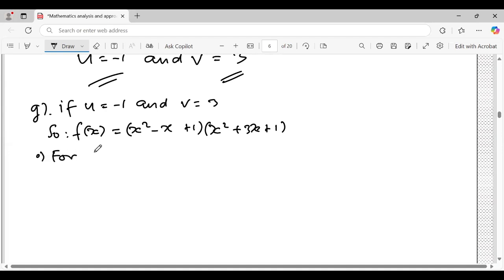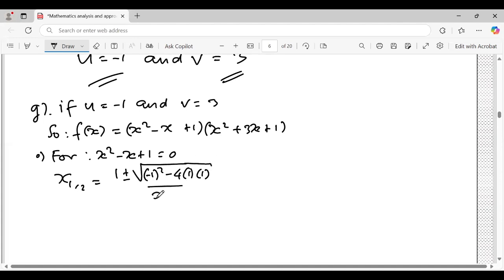For x squared minus x plus 1 equals 0, we will find the roots of this quadratic equation. So x1 and x2 is 1 plus or minus the square root of minus 1 squared minus 4 times 1 times 1, divided by 2 times 1, which is 1 plus or minus the square root of minus 3, divided by 2.